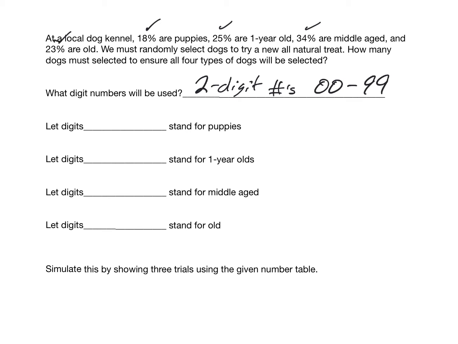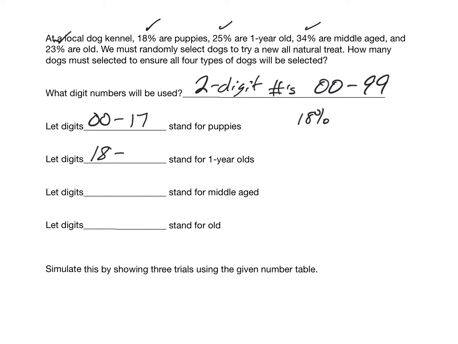Now, this is where they differ. We need to let digits stand for puppies. Puppies consist of 18%. Therefore, we need 18 numbers. 0, 0 to what? 17. What comes after 17? 18.